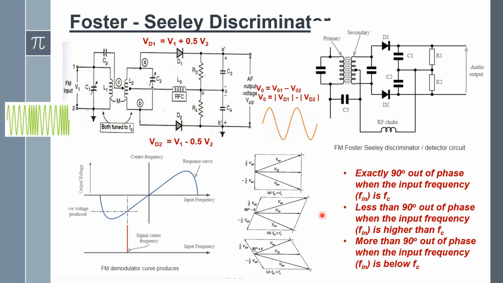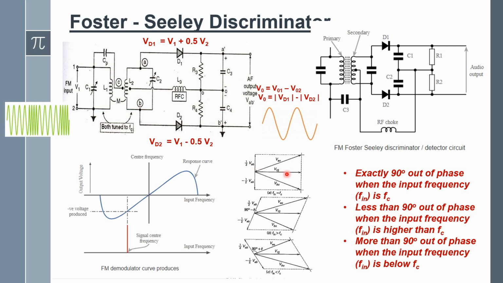This diagram represents the phasor diagram of the Foster-Seeley discriminator. V12 is the primary voltage and 1/2 V2 is the secondary voltage. There is a phase difference between the primary and secondary voltage, decided by the input frequency. If the input frequency is exactly equal to the carrier frequency, the primary and secondary voltages are 90 degrees out of phase.